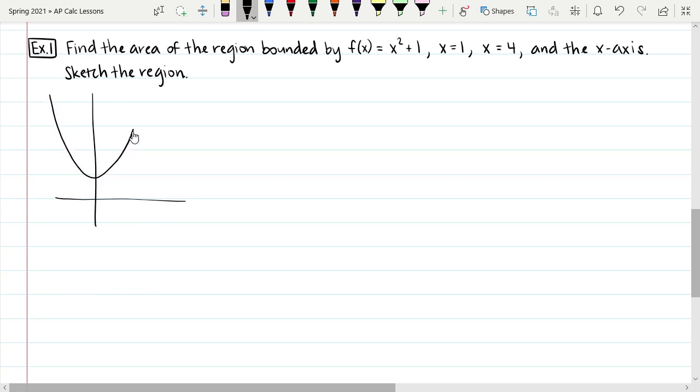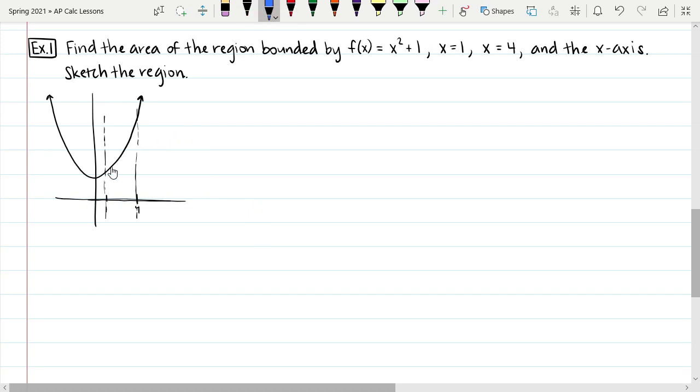So again, we're just sketching. And then x equals 1, so somewhere around here. x equals 4, somewhere around here. So x equals 1, remember, is a vertical line. x equals 4 is also a vertical line. And the x-axis. So remember, the region has to be enclosed by all of the boundaries they mentioned.